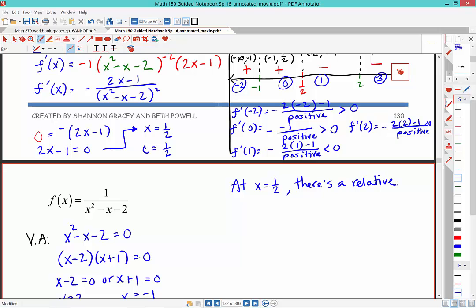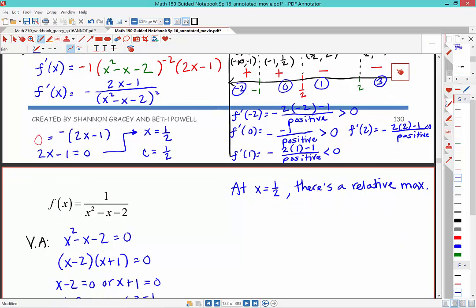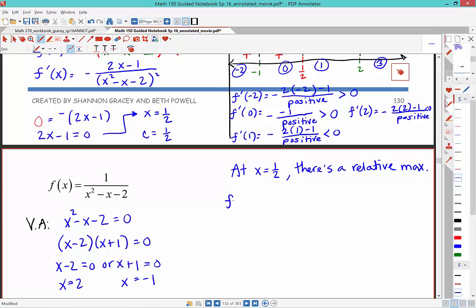At the critical number, it's going from positive, so up the hill, to down the hill. So there's a relative maximum. So what else might we need to find? Good. We're going to need to find the ordered pair right where that occurs. So if we look back at our original function, which is just to the left, and we evaluate f at 1/2, we'll find the ordered pair where that happens.